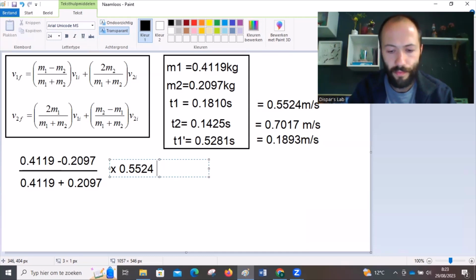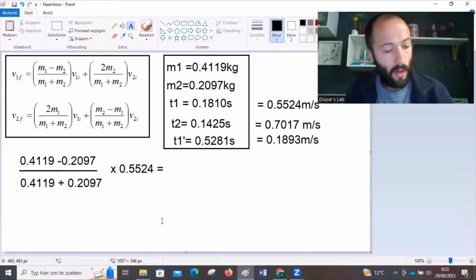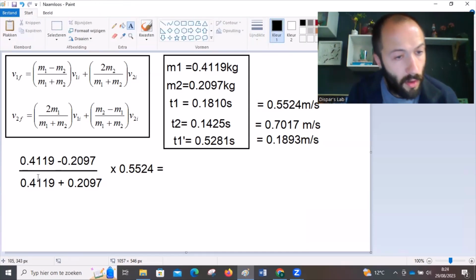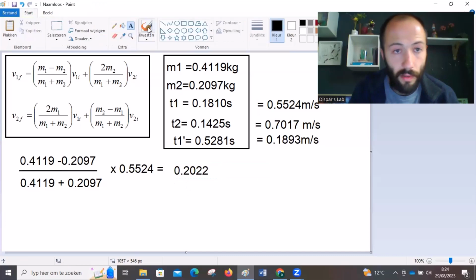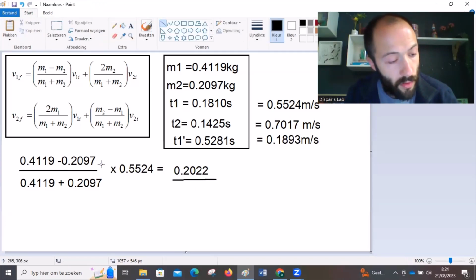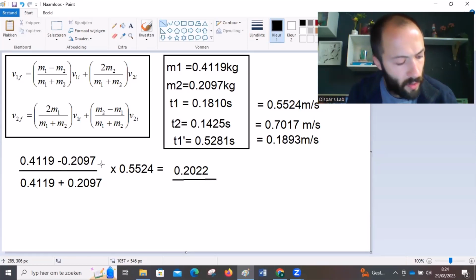So 0.4119 minus 0.2097 equals 0.2022, divided by 0.4119 plus 0.2097 equals 0.6216.